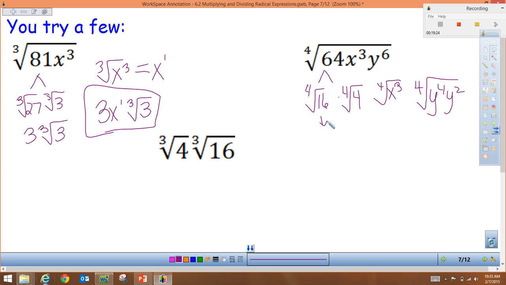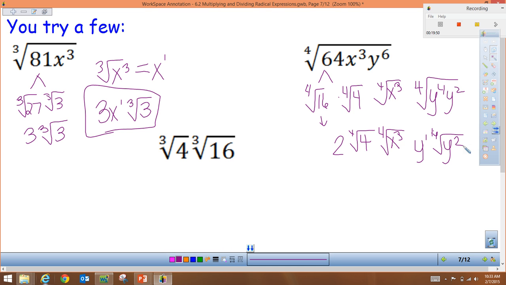So let's simplify this then. The 4th root of 16, we get 2. What else can we take out for sure? 4th root of 4 has to stay. 4th root of x cubed has to stay. This y section can split up into y to the 1st and the 4th root of y squared.